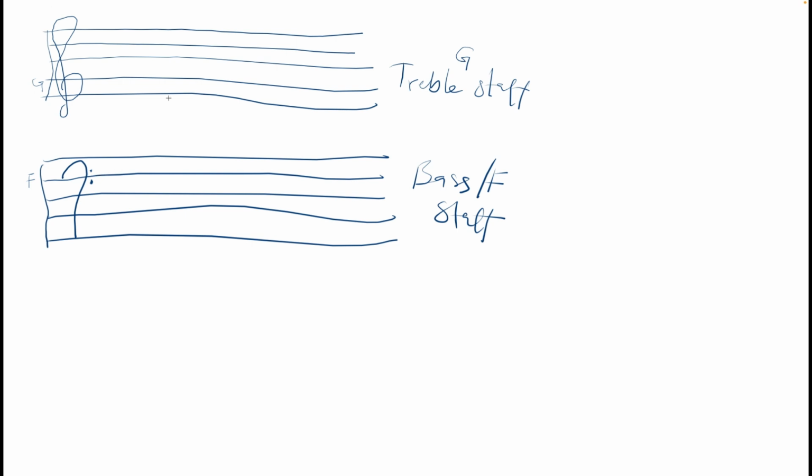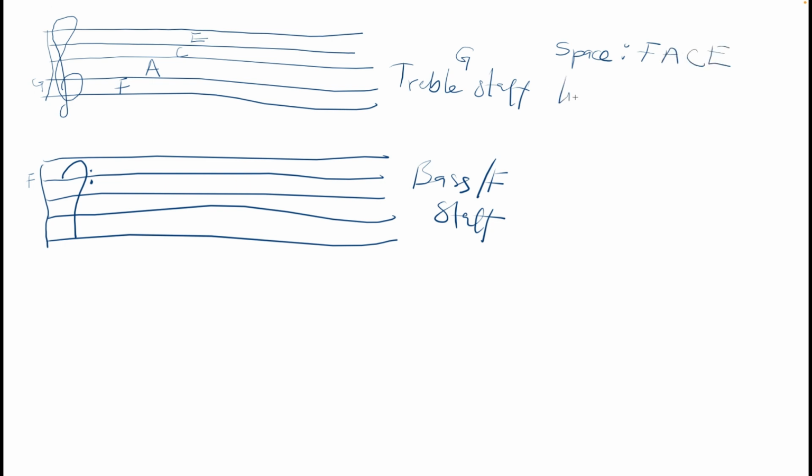And let's see how it goes. For the treble staff, we only have the space to be FACE. That is the acronym for it. We have it to be FACE. So the space for the treble is denoted by FACE.